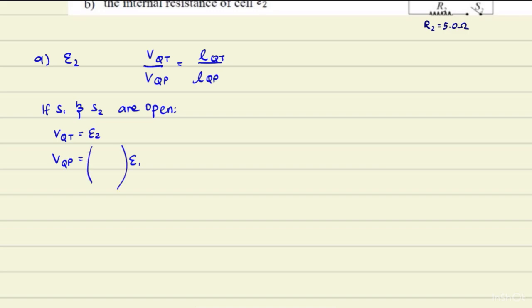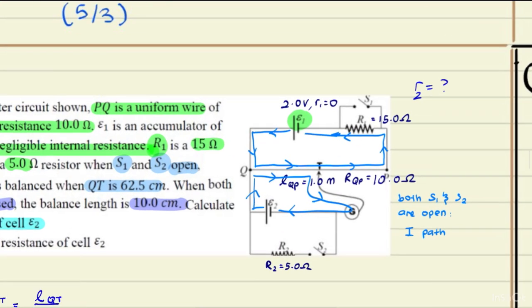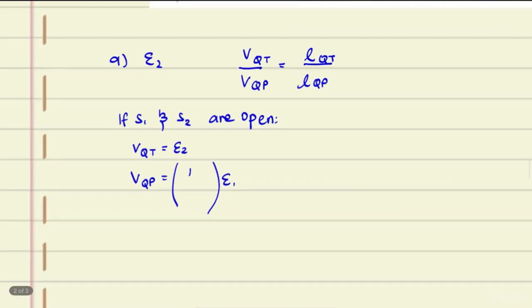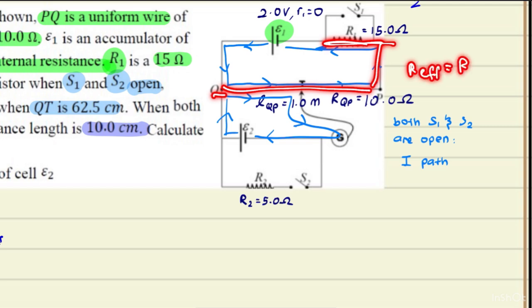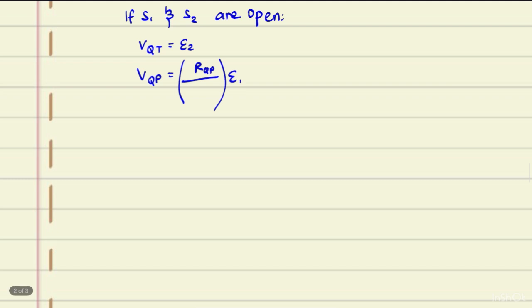Okay. So, kita mau tahu berapa resistance ini kan? Resistance across QP sudah dia bagi 10 ohm. So, RQP divided by, kan ni benda ni dalam series dan kita mau cari effective resistance dia. So, R effective jadi RQP campur dengan R1. Jadi masukkan value je lah.